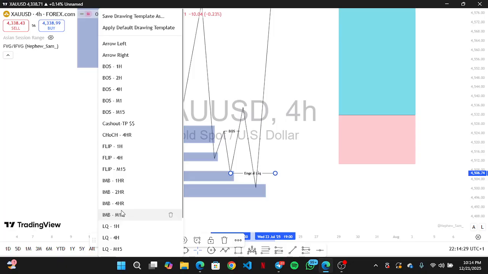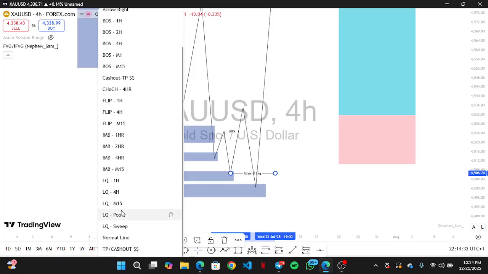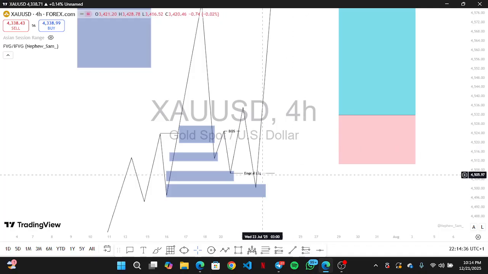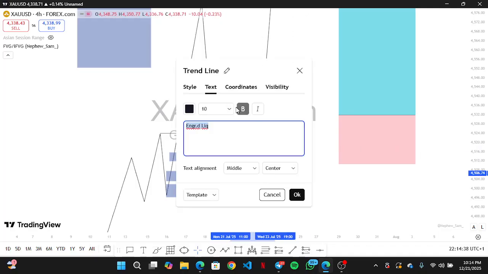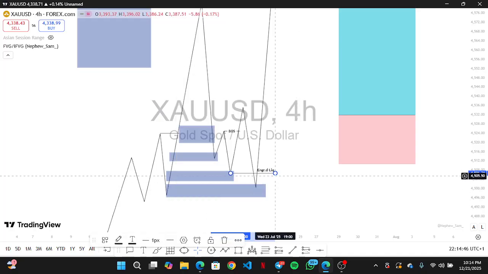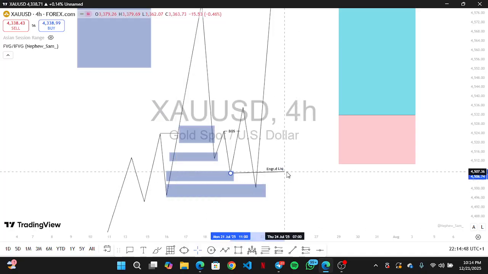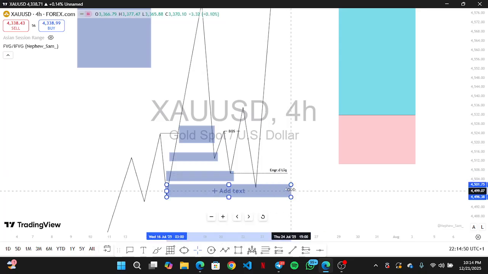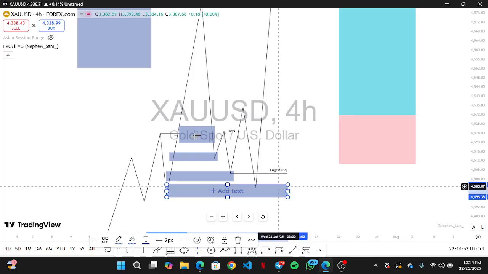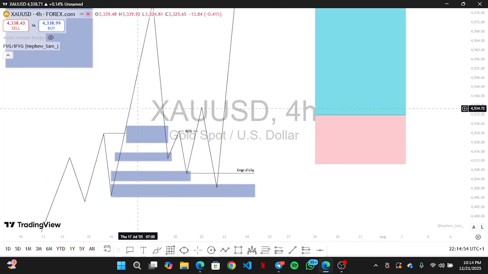Oh, I haven't created this thing yet. Sorry. Top right. Yeah, let me move it to the right. So this will create what we call an engineered liquidity for you to enter the trade using this order block validly.